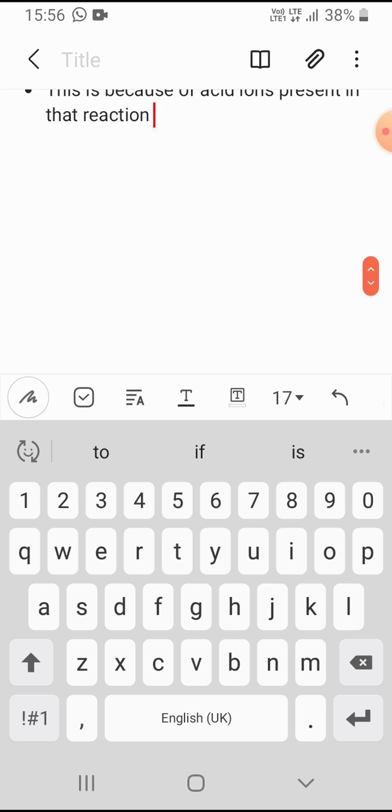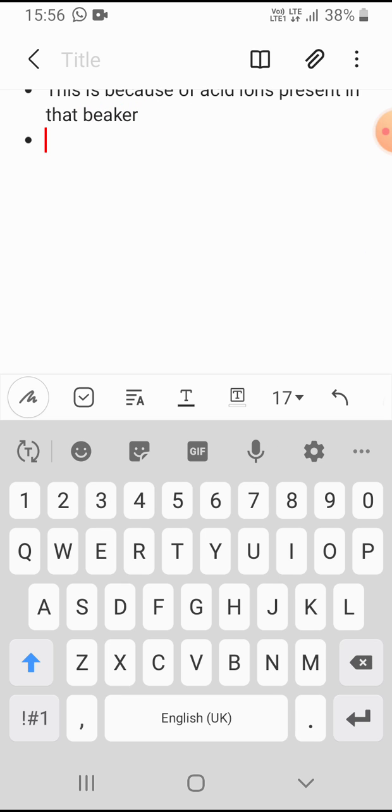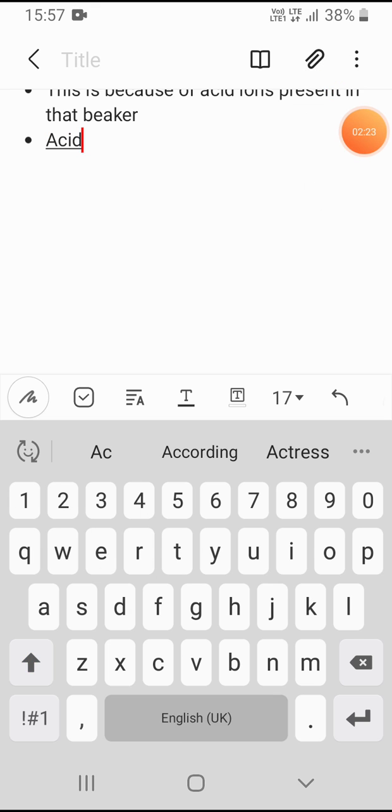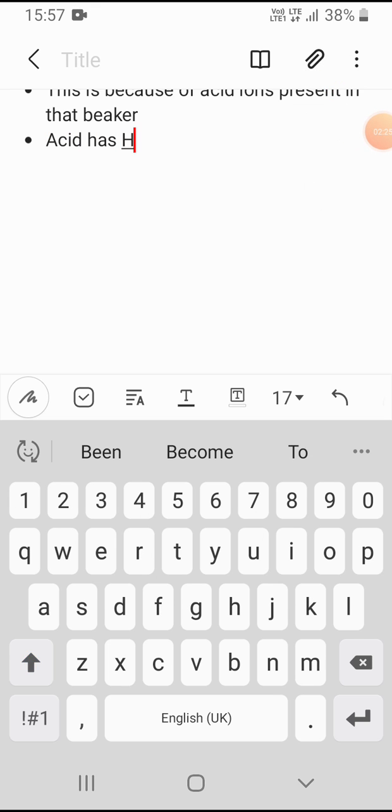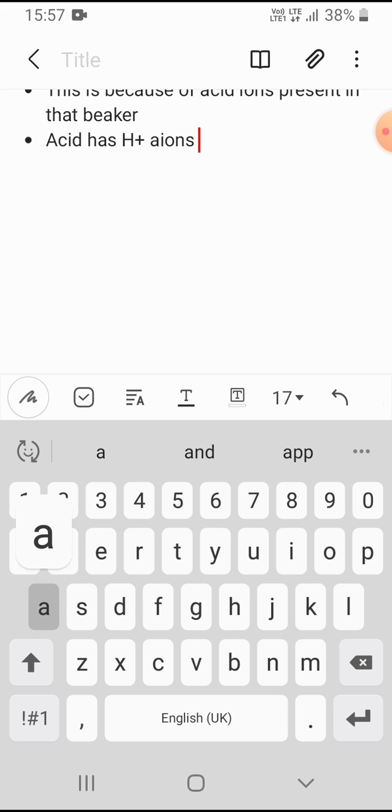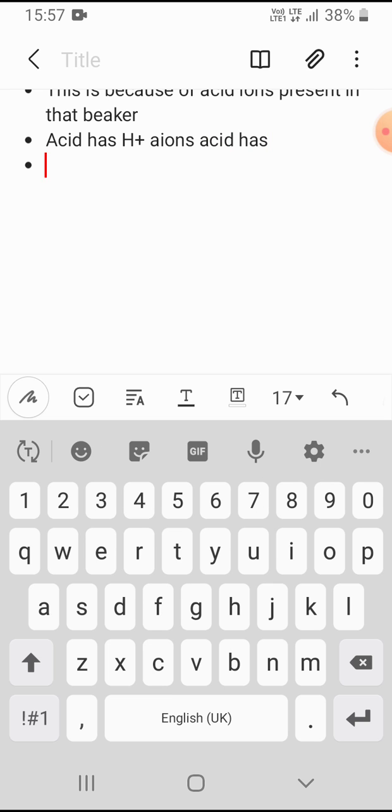The acid ions are produced in this beaker. Acid has H plus ions.